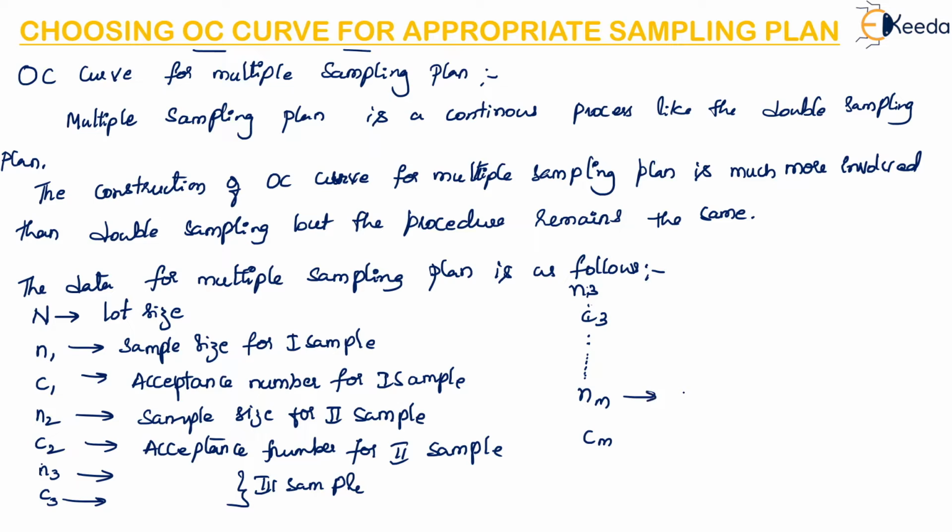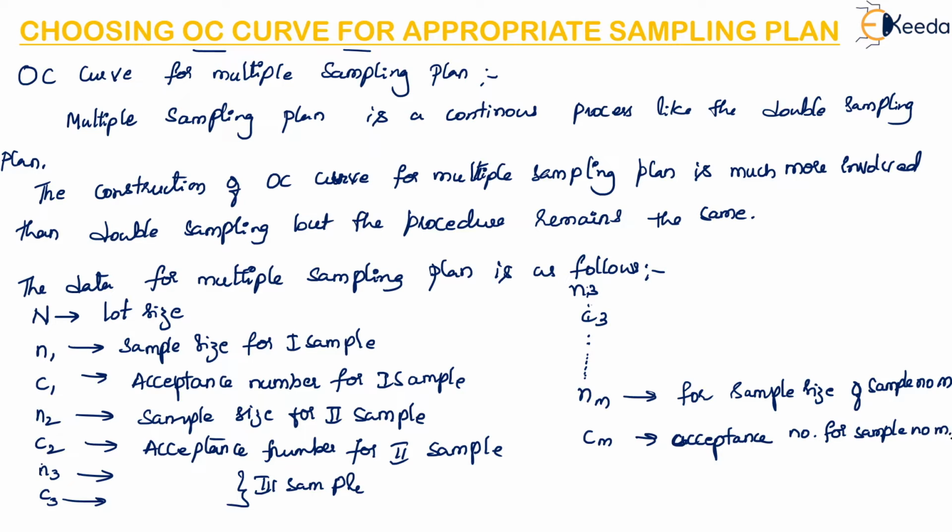NM is the sample size of sample number M, and CM is the acceptance number for sample number M. Let us consider m is equal to 4.